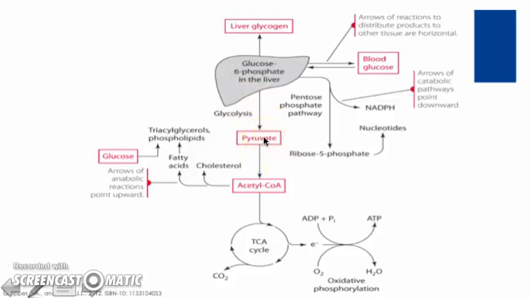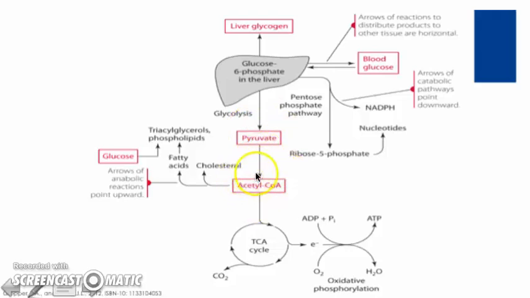So those would be the four potential fates of this key intermediate glucose 6-phosphate: either undergoing glycogenesis, being dephosphorylated and entering circulation to supply blood glucose, undergoing the pentose phosphate pathway, or undergoing glycolysis to form pyruvate. And then key to carbohydrate metabolism is the conversion of pyruvate to acetyl-CoA.